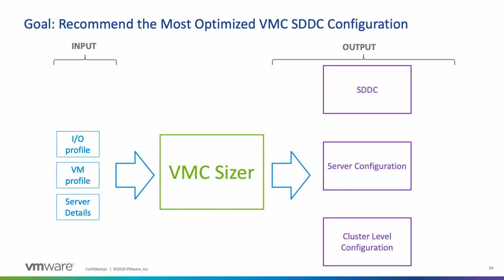And this will be, what instance type do you think is right for these workloads? You'll put that in, and it'll generate a configuration that will say, okay, to run these workloads, you need 20 instances in this region, and you need 4 clusters.